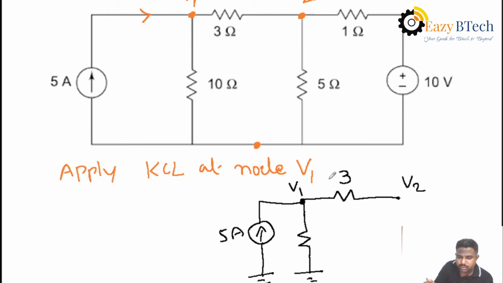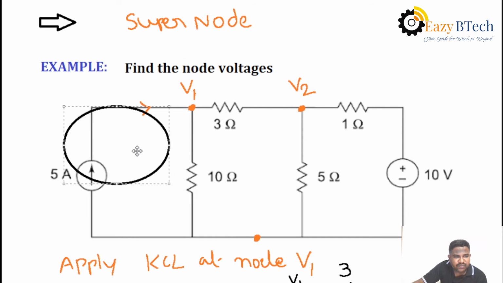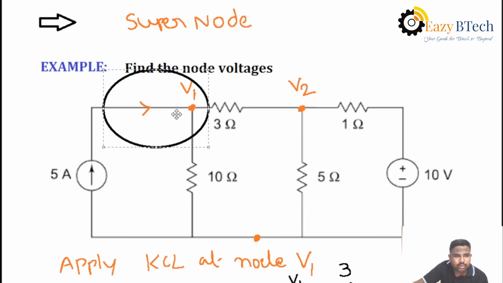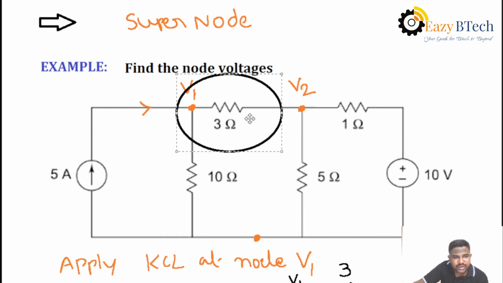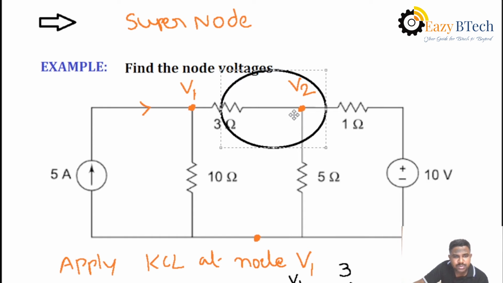This value is nothing but 10. At this V1 node, the 5 amperes is entering the node, and 10 ohms is connected at V1 and 3 ohms is also connected at V1. At the end of the 3 ohms, we have another voltage, that is V2.